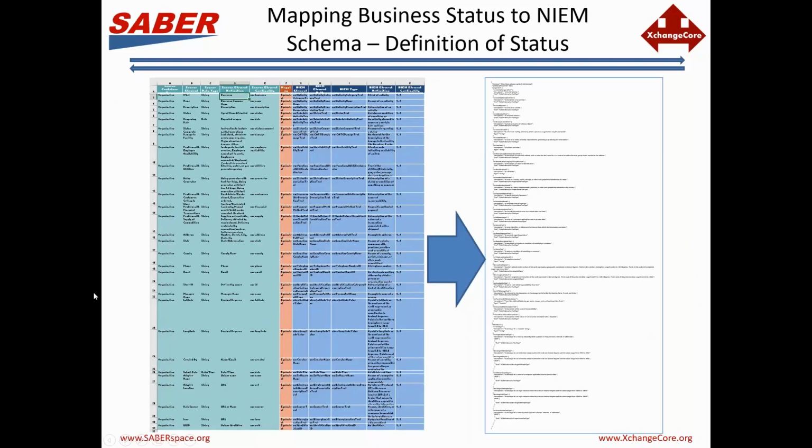That then gets mapped into what's called a schema. And the schema basically says, okay, now we got that whole dictionary out there. We're going to have a phrase that is called business status context that consists of this set of words out of the dictionary. So it's almost like putting together a sentence.